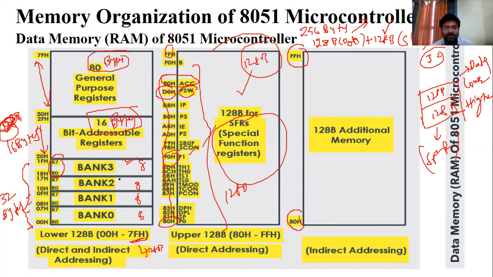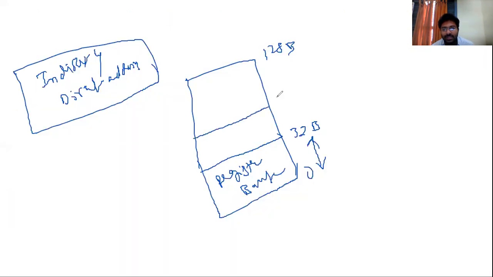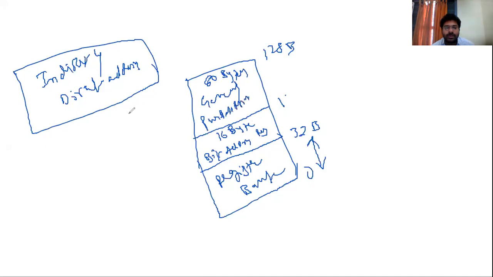So the remaining 16 bytes of space are utilized for the bit addressable registers. The remaining 80 bytes are used for the general purpose registers, for direct and indirect addressing.